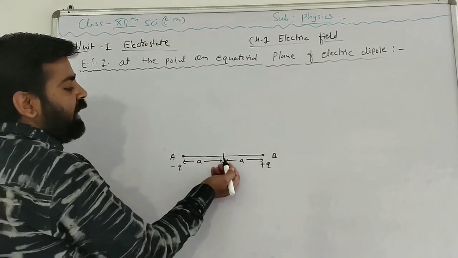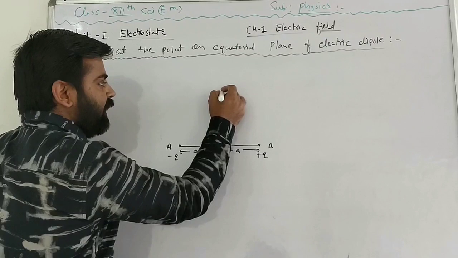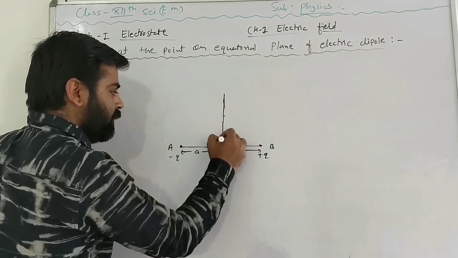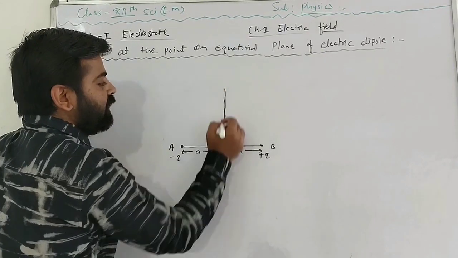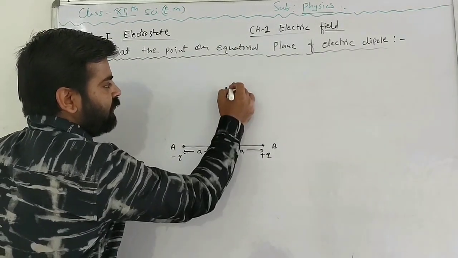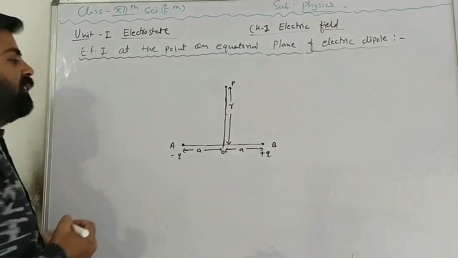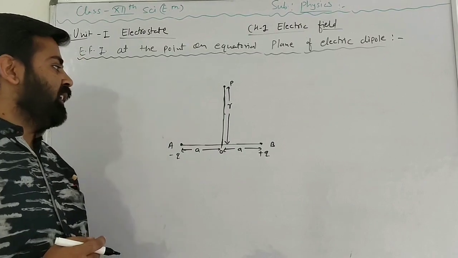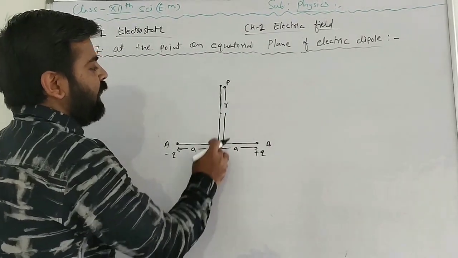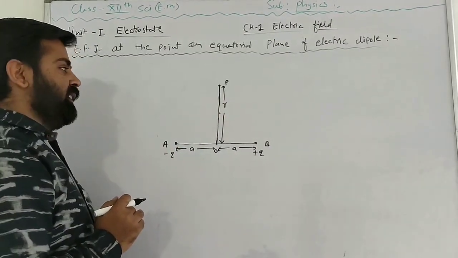So we have to find the electric field intensity at point P on the equatorial plane, which is at a small r distance from its center O.